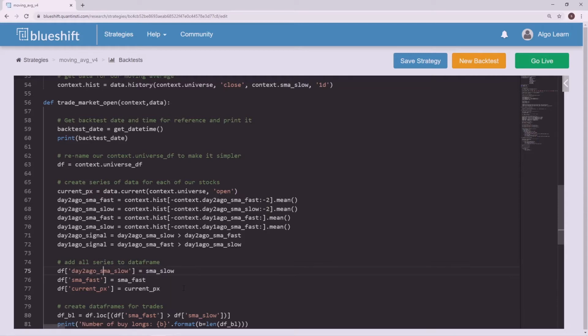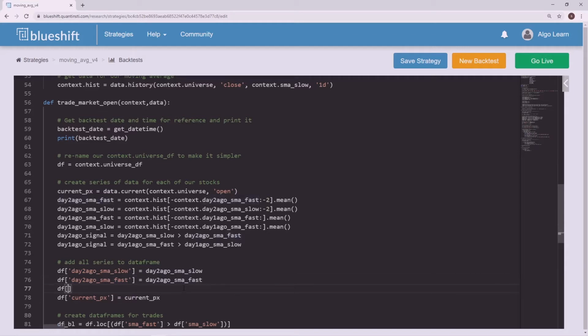All right, and we got our day 2 ago. Basically we're sticking these into our data frame, so we're making them columns.